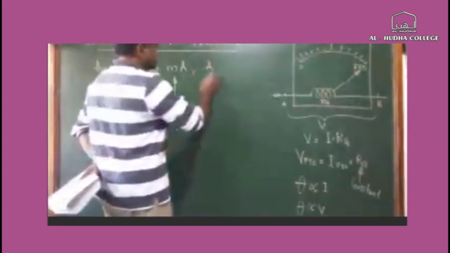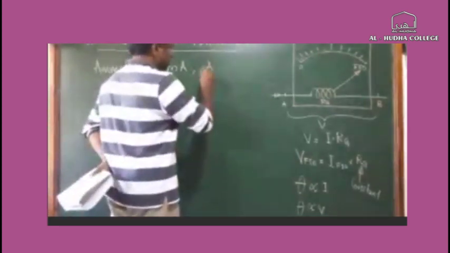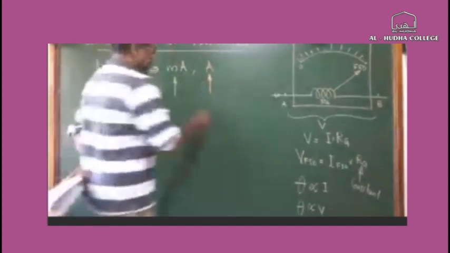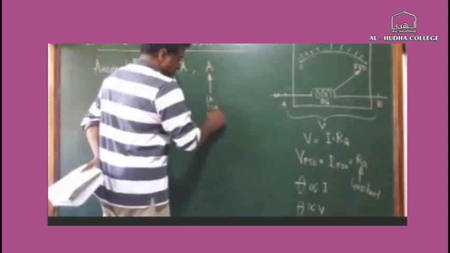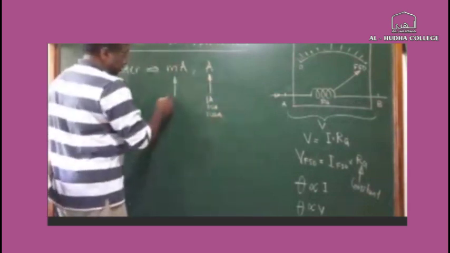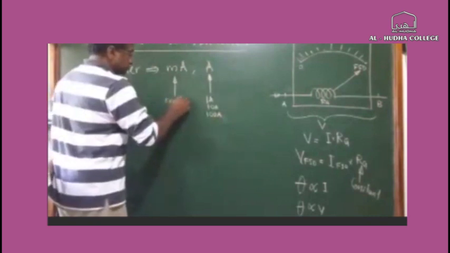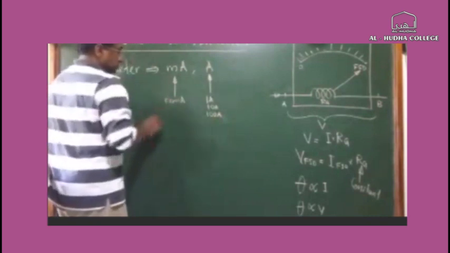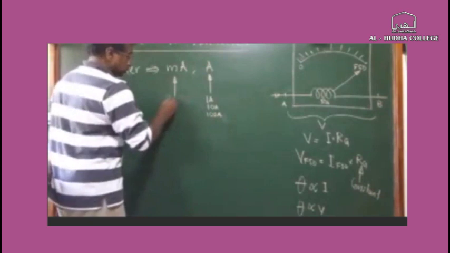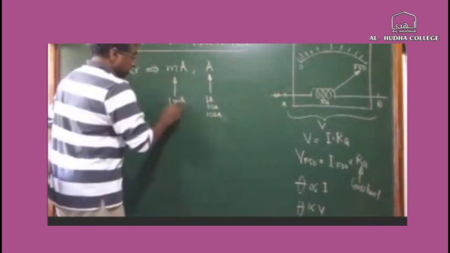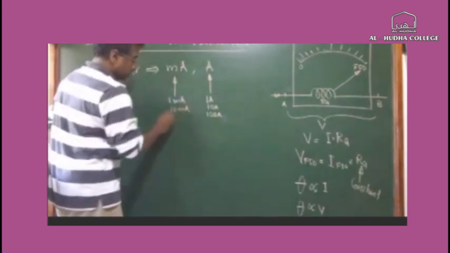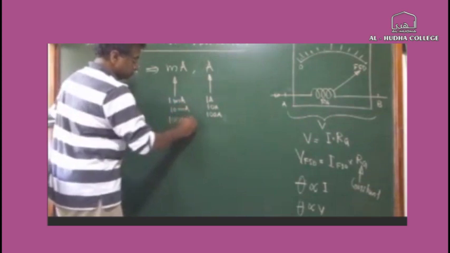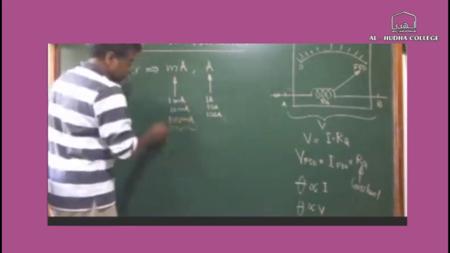But when it comes to measuring ampere range of current, say 1 ampere, 10 ampere, 100 ampere, and so on. So in this case, say 1 milliamp, 10 milliamps, 100 milliamps, you can directly use the galvanometer.